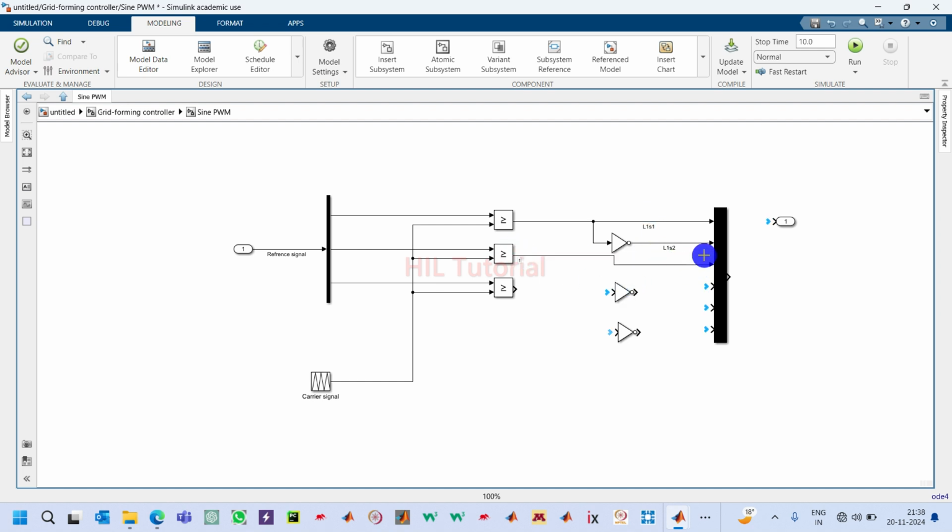This will go to leg 2, so L2 S1, and this will go to leg 2 S2. Similarly, this will go to leg 3 S1, and this one will go to leg 3 S2.